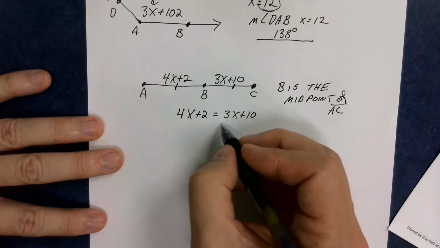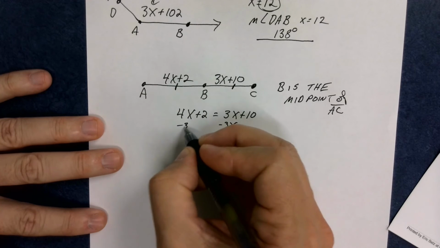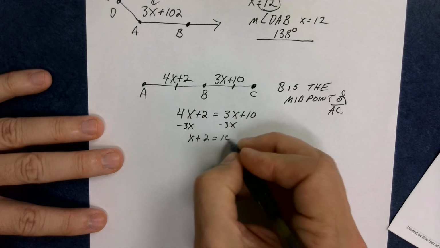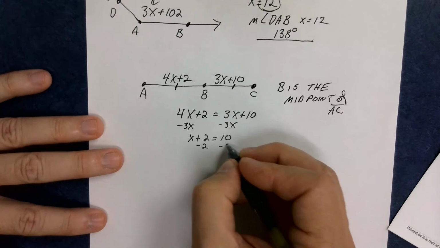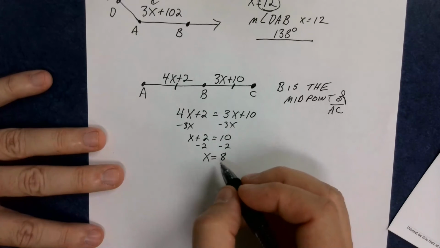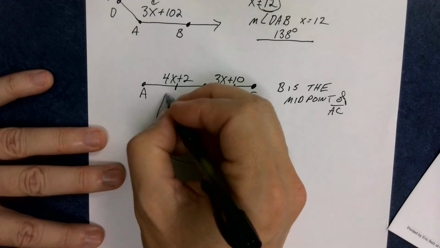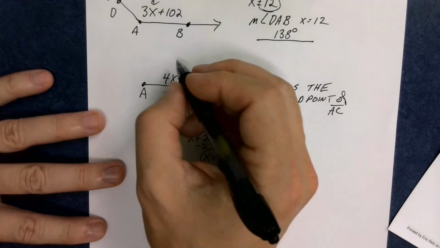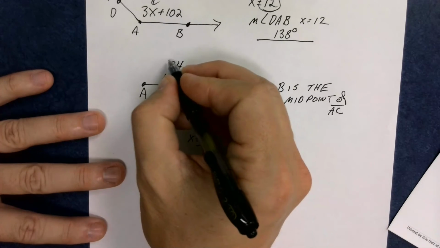I can then subtract 3x, and I get x plus 2 equals 10. I can subtract 2 and subtract 2, and I get x equals 8. And if x is 8, I can plug that 8 up into here. I get 4 times 8 is 32, plus 2 is 34 for that length.